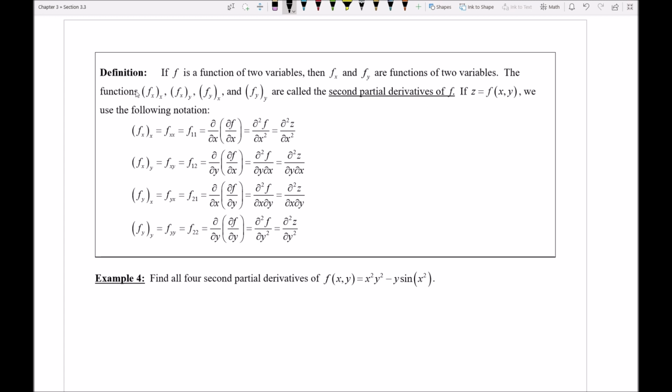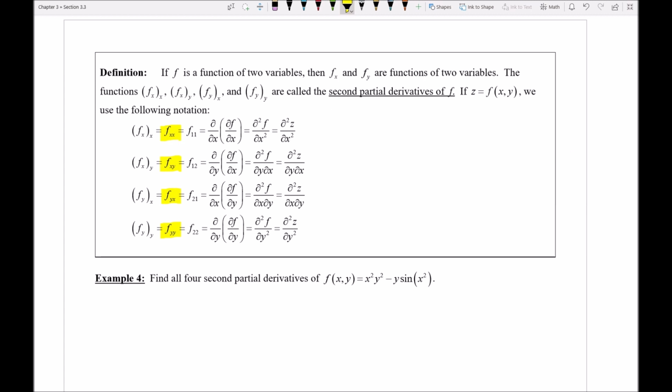And note, there are four possibilities. Again, what we have down here is some different notation. The most common notation that you're going to see us use is this notation right here. The first letter that's listed there indicates what you should take your derivative with respect to for the first partial derivative, and then the second letter tells you what you should do for the second partial derivative.